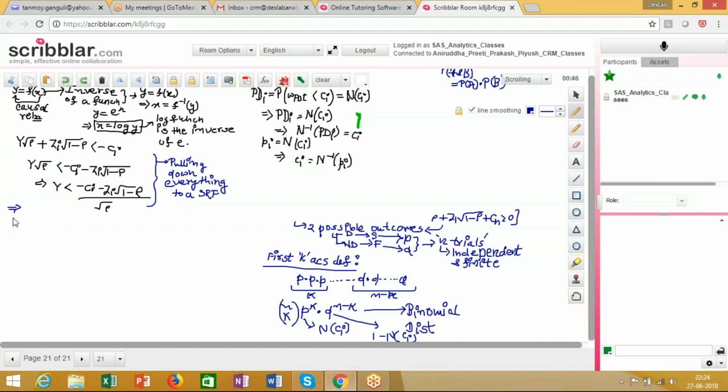So over here, one of our fundamental equations was Y root rho plus Zi root 1 minus rho plus Ci root t was less than 0, right?